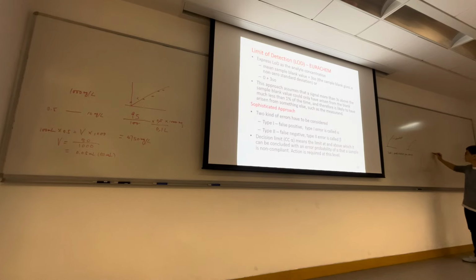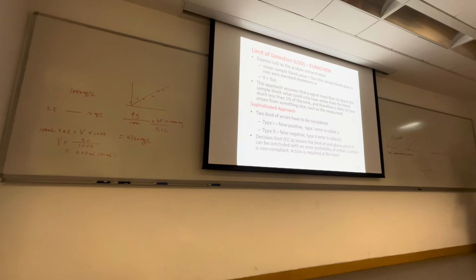SB is the standard deviation of the blank. How to get SB: xb1, xb2, xb3, up to xb10, for example. Then we have x bar b and the standard deviation of xb, okay?